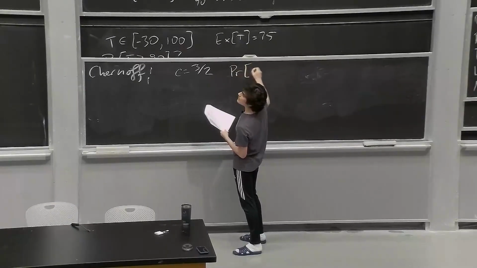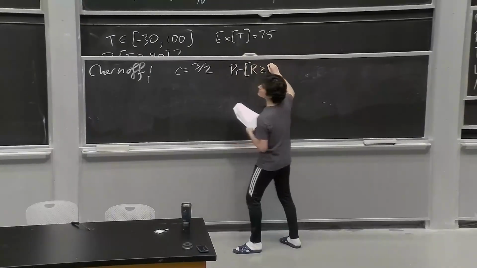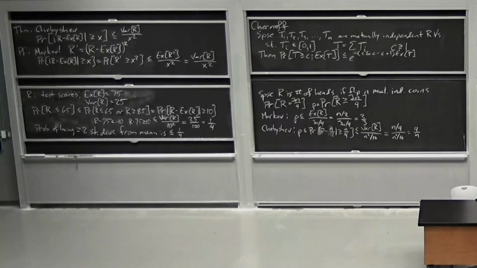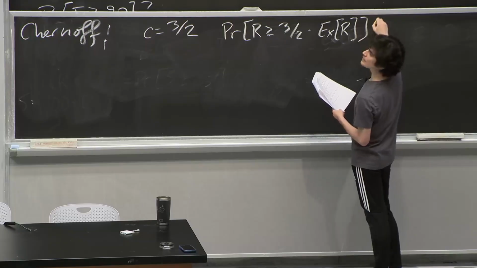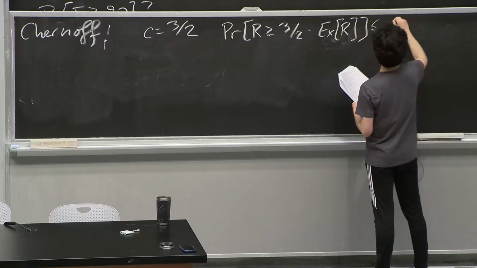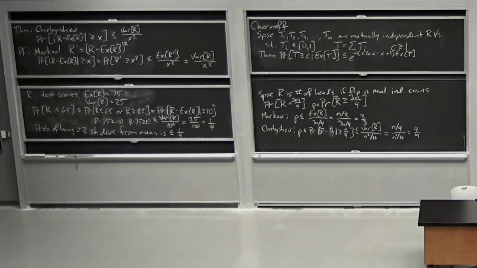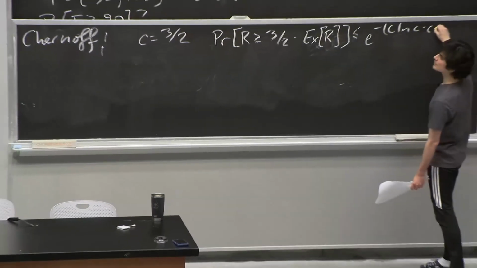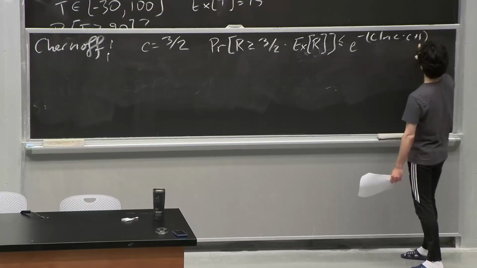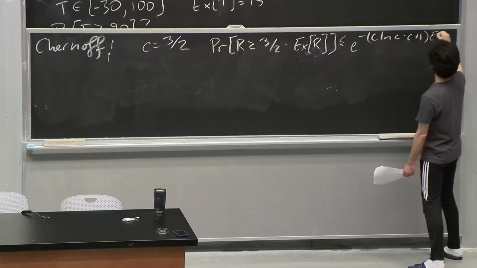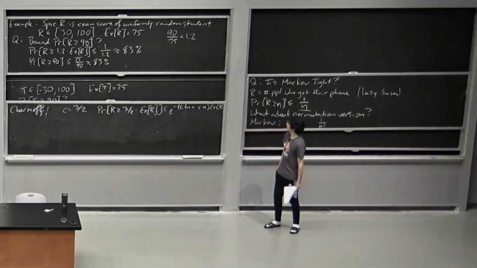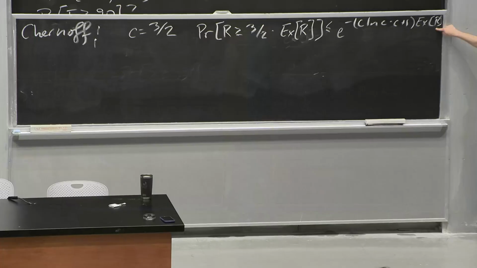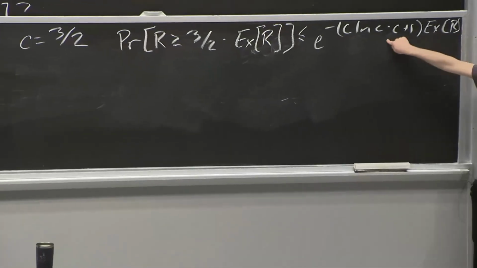Probability that R is at least 3/2 times expectation of R is less than or equal to e to the minus c log c minus c plus 1, times the expectation of R. The expectation of R is n over 2, so this is a constant times n.